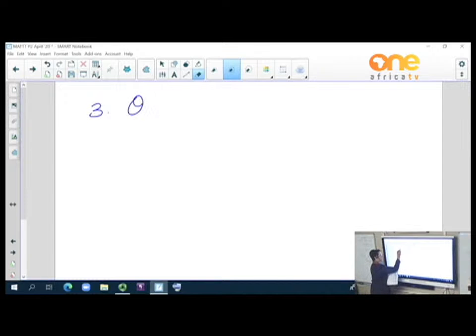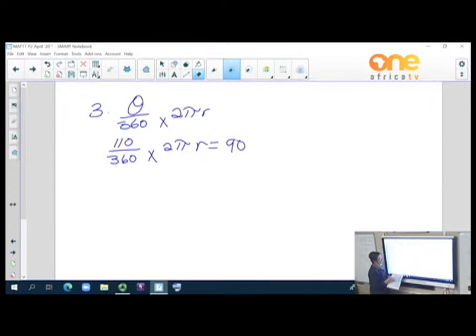Write down your formula, theta over 360 of 2 pi r. This is what we're dealing with all the time. So it's 110 over 360 of 2 pi r, which we need to find, and it is equal to 90. Opposite operations, what is your r then? If you press the calculator, we get 46.9.